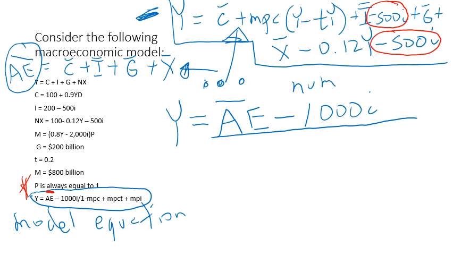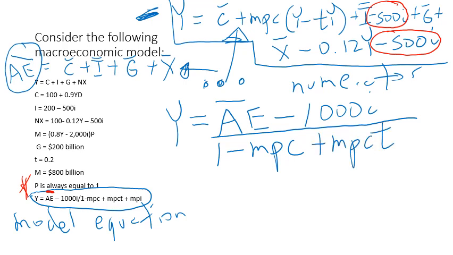This is the numerator. Now in the denominator, it'll look like this. 1 minus MPC, which is MPS, plus MPCT, plus the marginal propensity to import. All right.